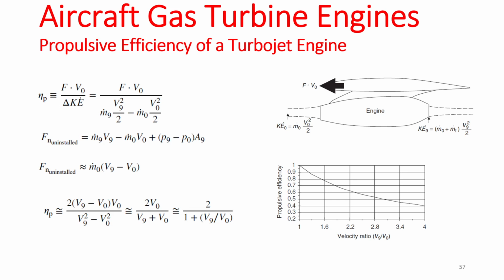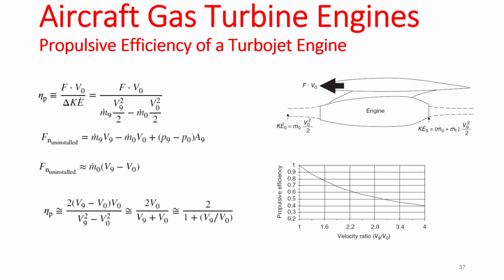Let's talk about it a little bit. Let me ask you this question. I remember we have talked about this. The idea was, if you increase the velocity at the exit, you are going to get more thrust. That is the idea, right? And my answer was, it's a little more complicated.